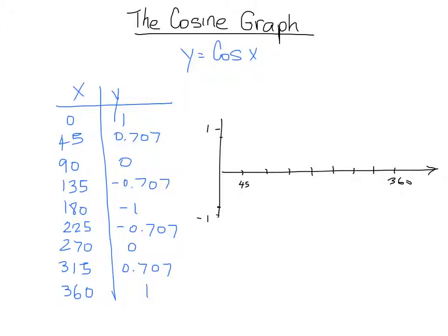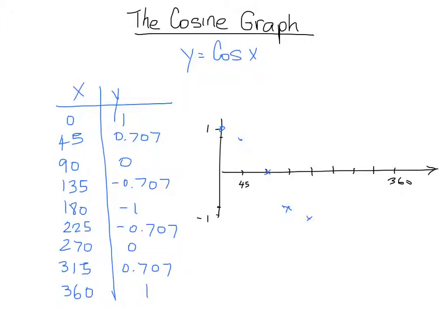We start off here at 1, and then we go to 0.707, 45, and 0.707, 90, and 0, and then we keep going. We go down to negative 0.707, and then down even further to negative 1, sorry.